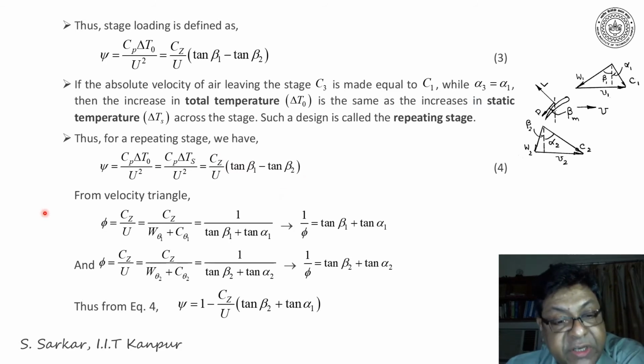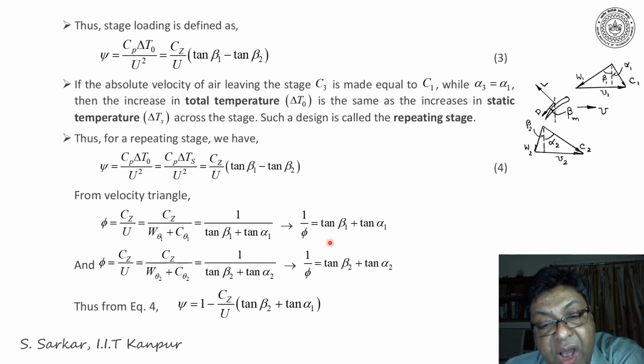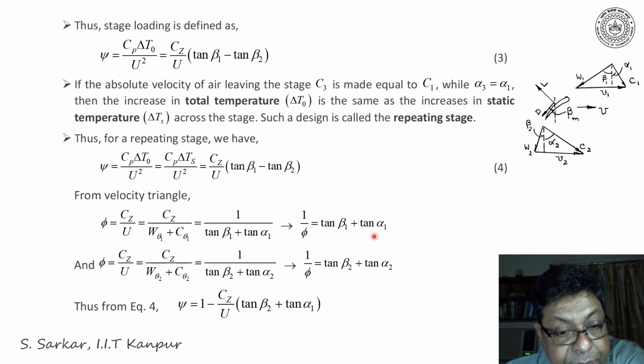Now from the velocity triangle, I can write phi is equal to Cz by U, that is equal to Cz divided by W theta 1 plus C theta 1, which yields 1 divided by tan beta 1 plus tan alpha 1, referring to the velocity triangle. This reduces to 1 by phi is equal to tan beta 1 plus tan alpha 1.